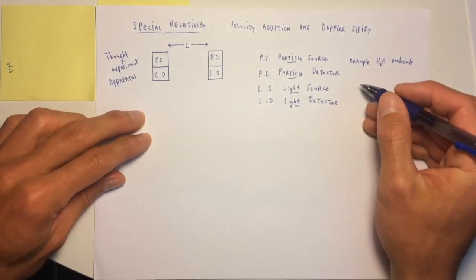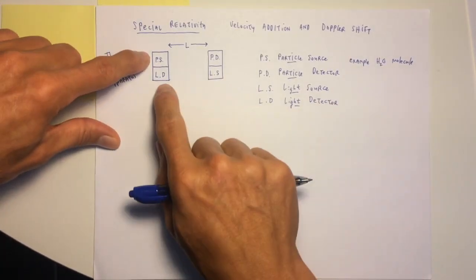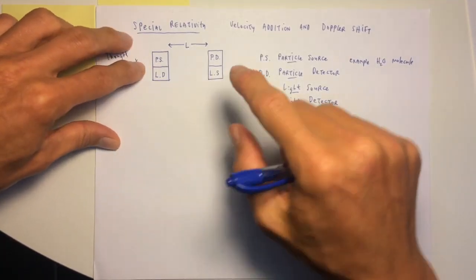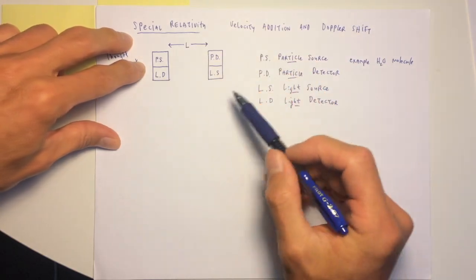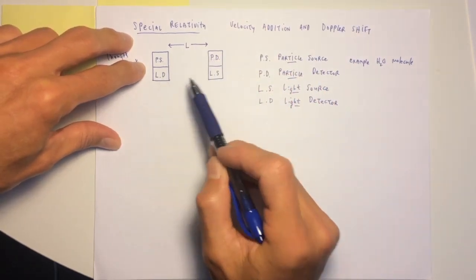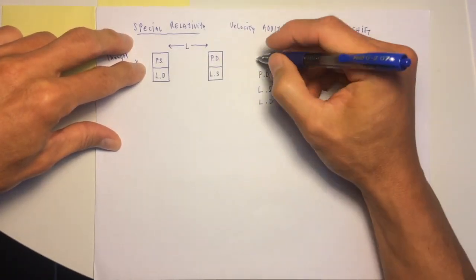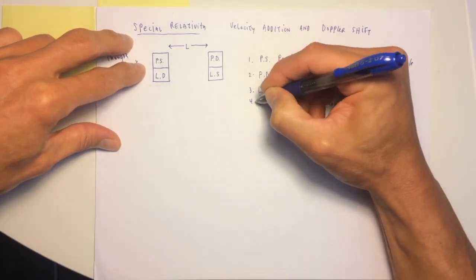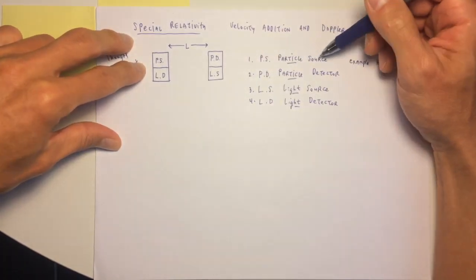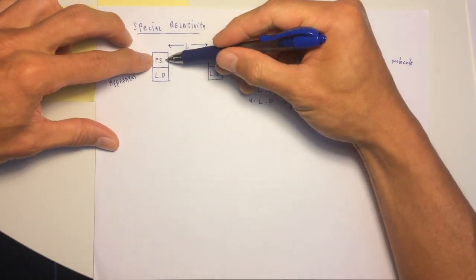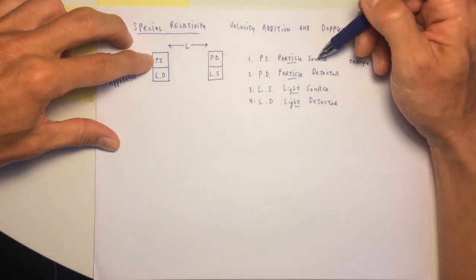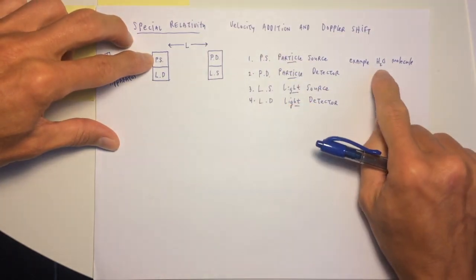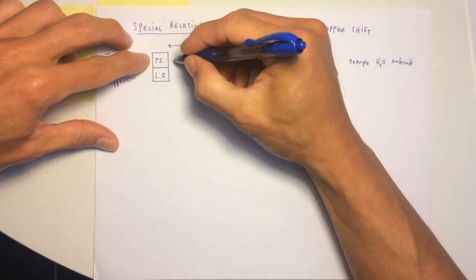But the point is this is the apparatus. It's got 4 parts to it, and the 4 parts are a particle source, so that's right here, and the particle source is the place where one of these little particles can come out of.